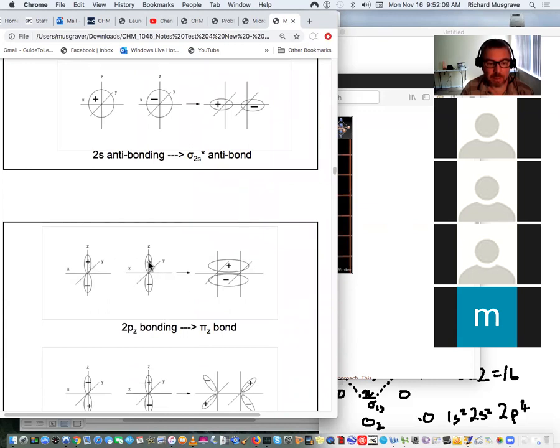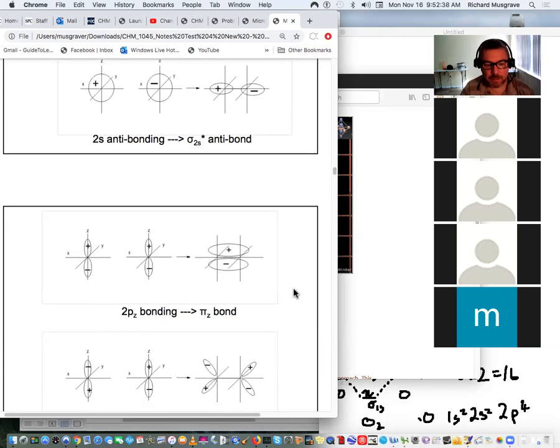Plus and plus, minus and minus, these are two p orbitals. We join them together and we get the bonding pi orbital here with the plus and the plus. Now this is a single bond that we're looking at here. The electrons in the molecular orbital can be above or below the plane of the join between these two nuclei. The nuclei are in the center of the coordinate plane. Does anybody have any questions about this?